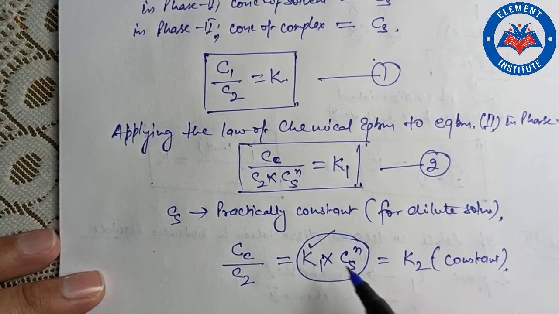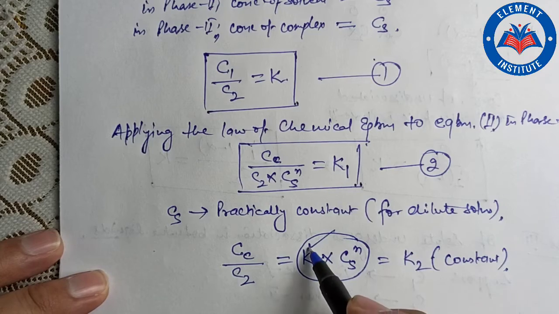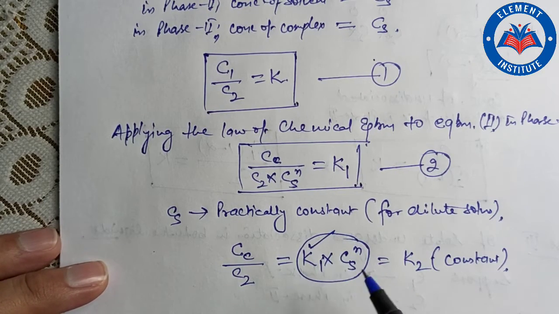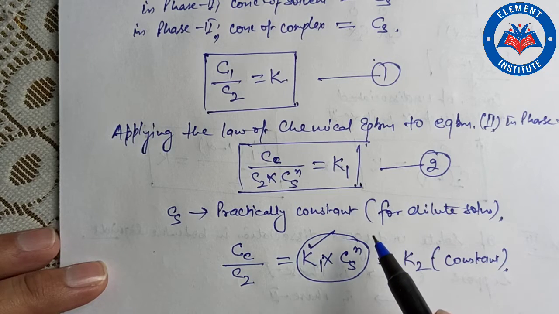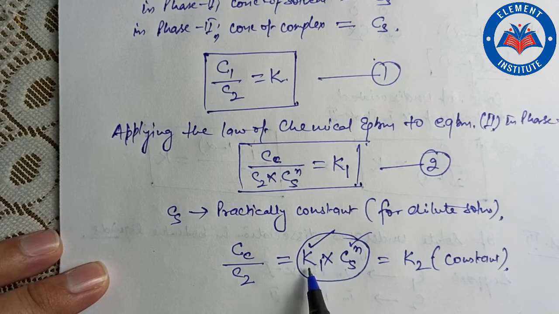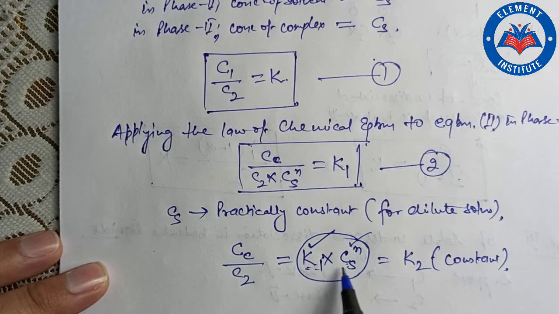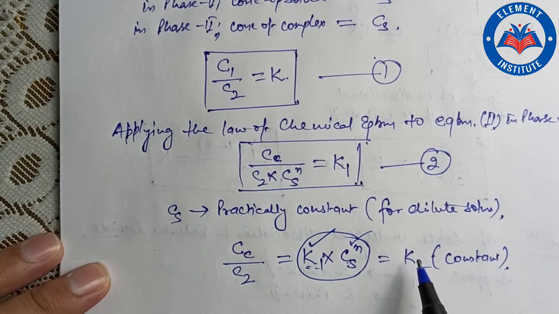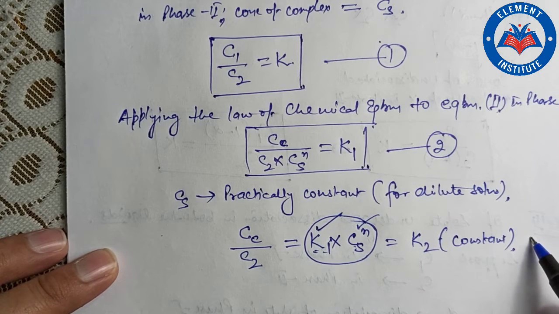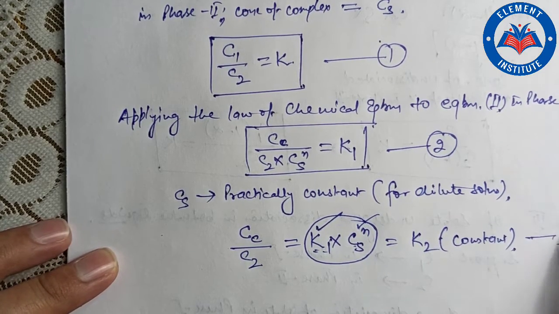Why so? Because K1 is an equilibrium constant, and CS is the concentration of solvent in phase 2, which is also practically constant for dilute solutions. So multiplying both two constant terms gives you a new constant. Write it down as equation number 3.